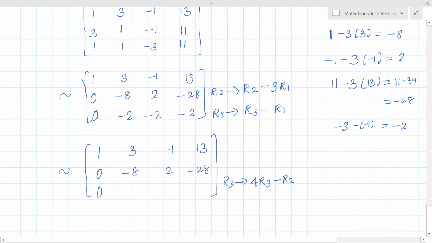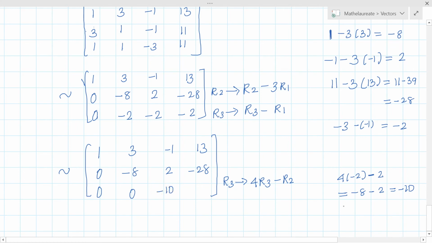And here the second term we already planned: minus 2 multiplied by 4 makes minus 8, and if you subtract minus 8 from the second row, it becomes 0. Then coming to the third term in the third row, this minus 2 should be multiplied by 4, so 4 times minus 2, and you subtract the corresponding term, which is 2. You will get minus 8 minus 2, which makes minus 10. So that should be the term over here.